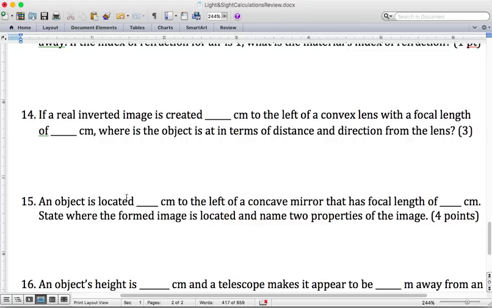So an object is located blank centimeters to the left of a concave mirror that has a focal length of blank centimeters. So let's draw this picture. So I have a concave mirror.